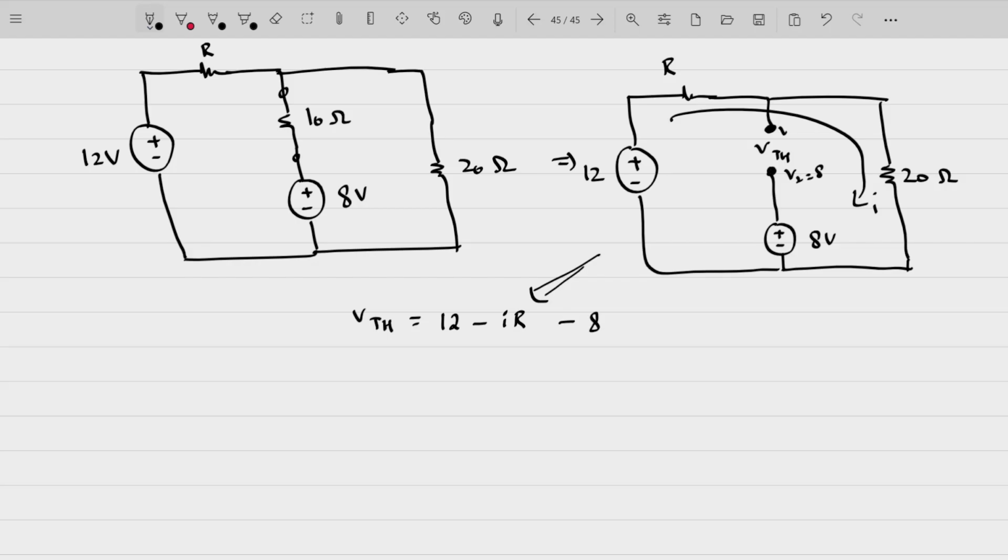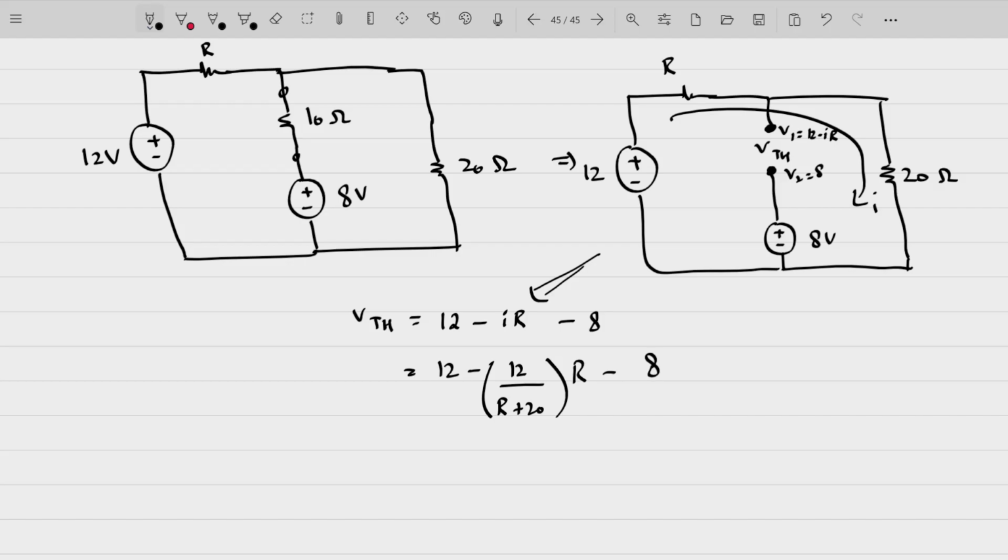V2 is equal to 8, V1 is equal to 12 minus IR, where I is what? I is 12 divided by R plus 20 into R minus 8.